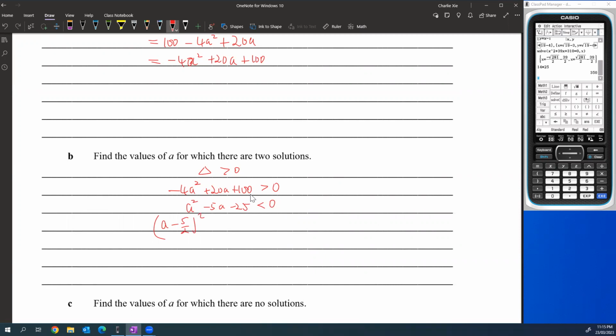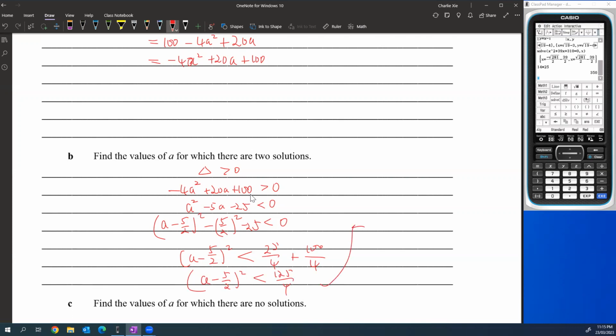And minus this number, 5 over 2 squared, minus 25 has to be less than 0. So we've got a minus 5 over 2 squared minus 25 over 4. Move everything to the other side: 25 over 4 plus 25, make it with a denominator of 4, so 100 over 4, less than 125 over 4.